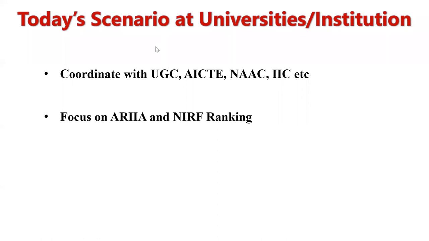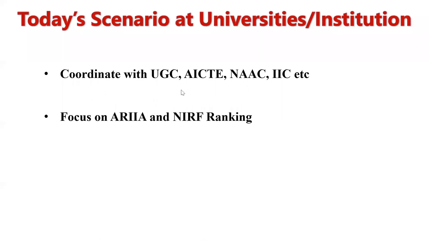So far, institutions were only focusing on training the students in the skills that are required in MNCs. But now the scenario is changing. Now these agencies, UGC, AICTE, NAAC, IIC, are asking to generate some intellectual property.